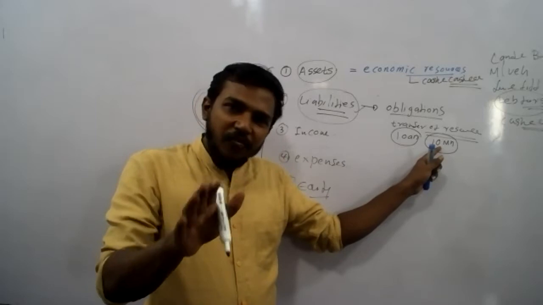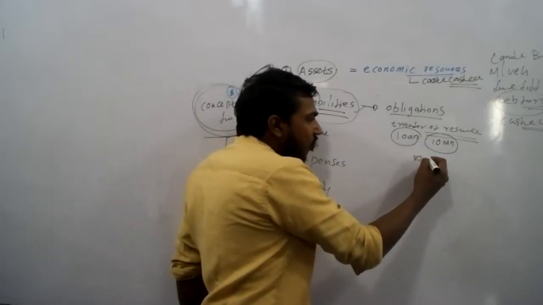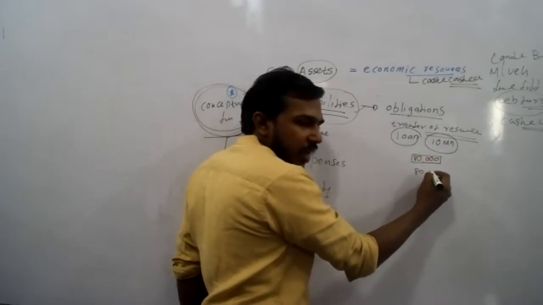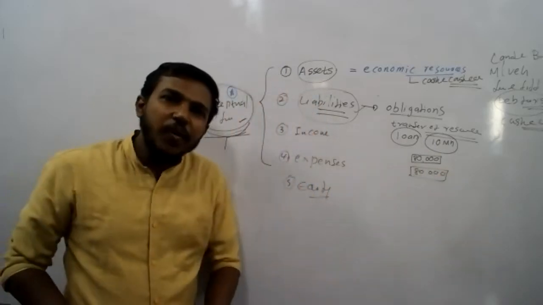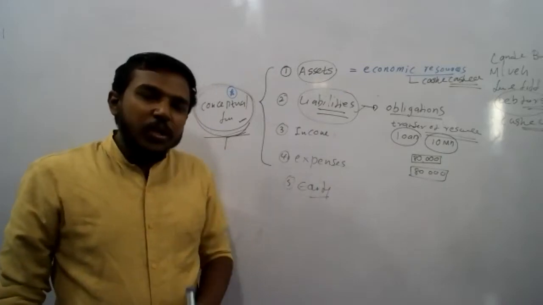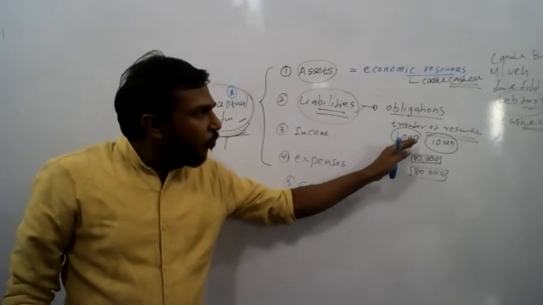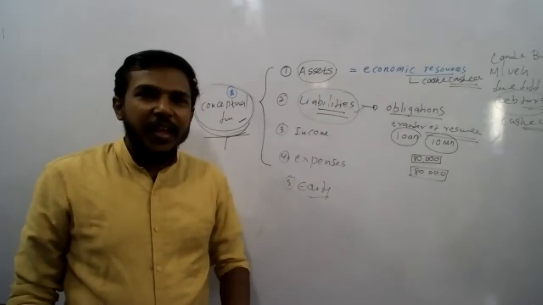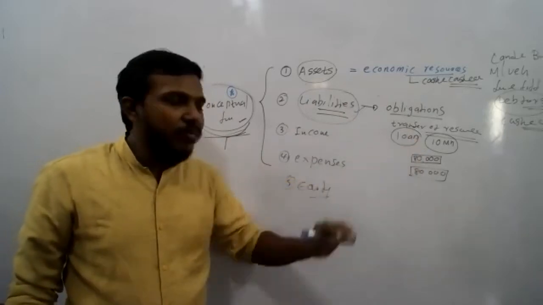Every month you are committed to pay 80,000 for this loan. Clear? So if you are committed to an obligation, then it would be a liability for you.